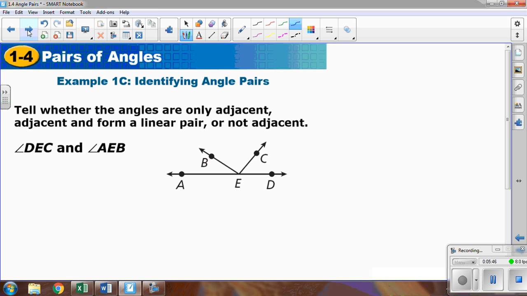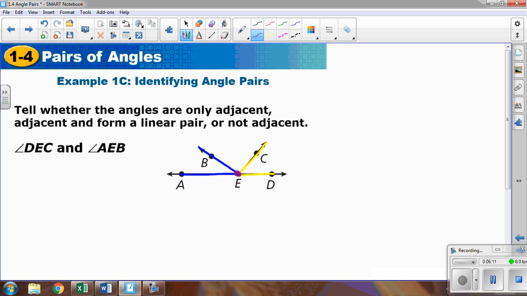And lastly, angle DEC and AEB. We'll note, of course, that they are sharing the same vertex. We do have to have a common vertex for adjacent angles.